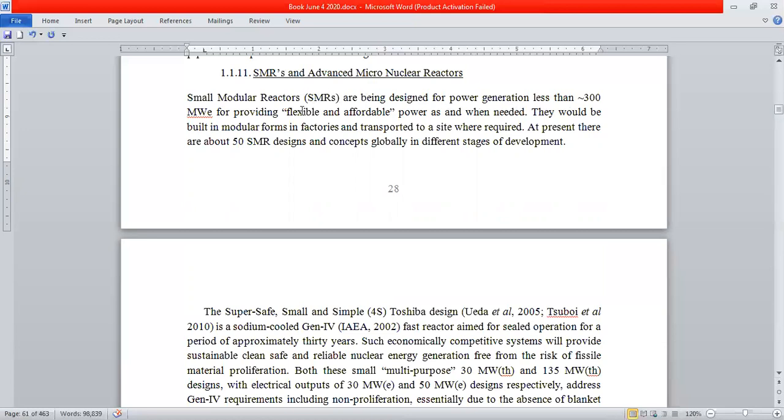And there are already PWRs which are operating at 300 megawatt electric. So these provide flexible and affordable power, and you can place them where they're needed. So that's a good thing, that they don't need to be far away from where they're needed. And they could be built in modular forms. Now, there are presently about 50 SMR designs being studied globally, and they're at various stages of development.